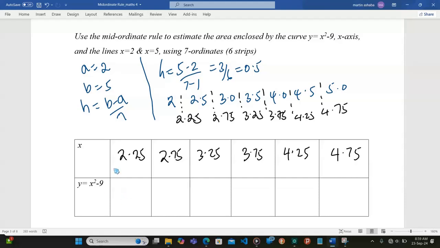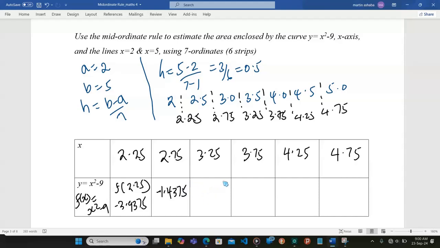What is the value when I substitute 2.25 in here? If y is this, I can say f of x is equal to x squared minus 9, so it becomes f of 2.25. I'm getting negative 3.9375. What if I put in 2.75? I get negative 1.4375.